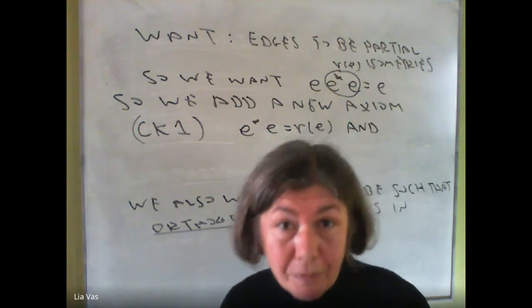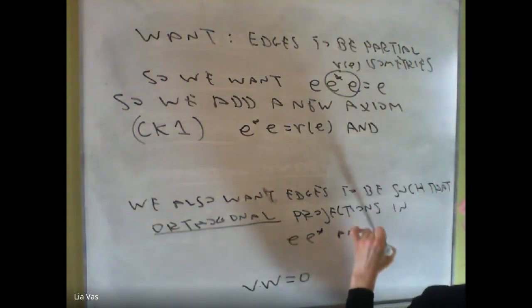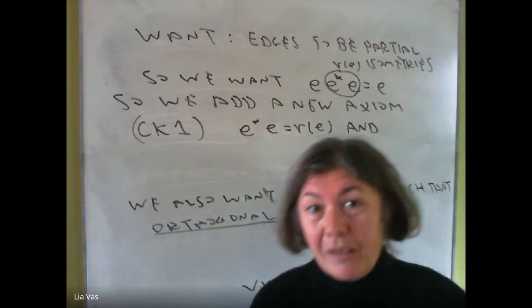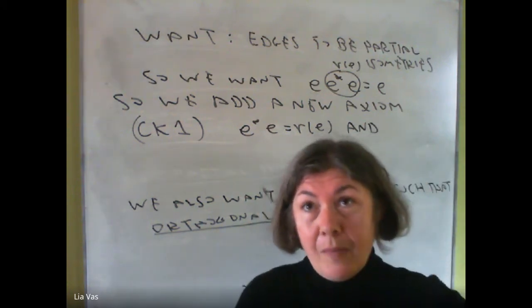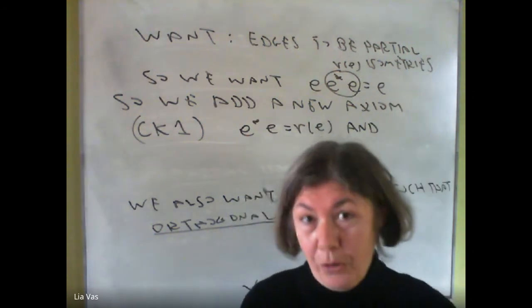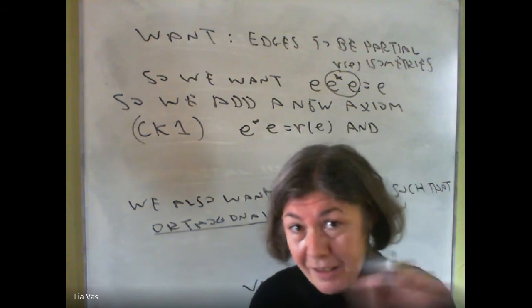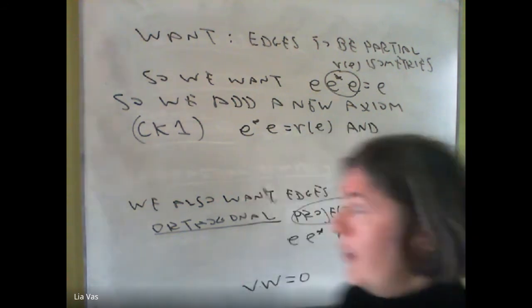When E and F are different edges, we want E star and F star to be orthogonal projections, right? And in a way, that will imply that E star and F are orthogonal partial isometries. Again, orthogonal in this sense that that product is 0 if they are different, right?